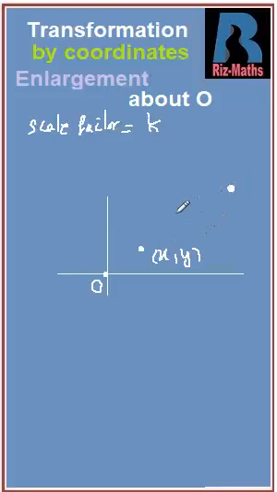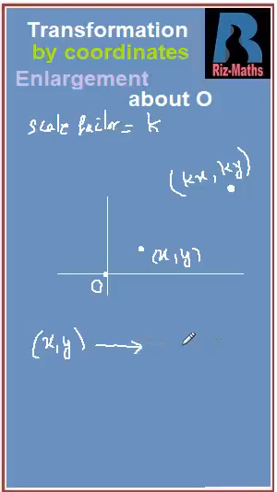So this point will have the new coordinates k times x and k times y. So even if k is positive or negative, or k is less than 1 or greater than 1, in all cases just substitute the value of k and multiply it with both x and y, and you get the new coordinates. So we can say that the point xy after enlargement about the center O origin with the scale factor k will become kx and ky.